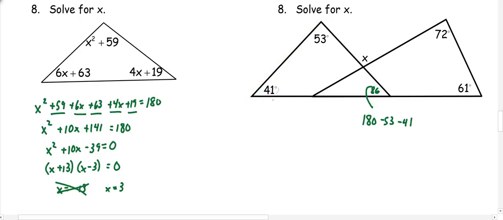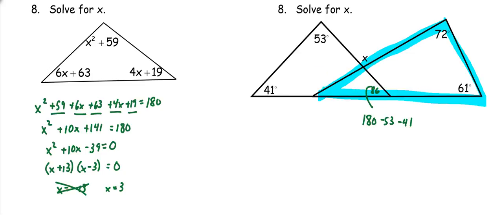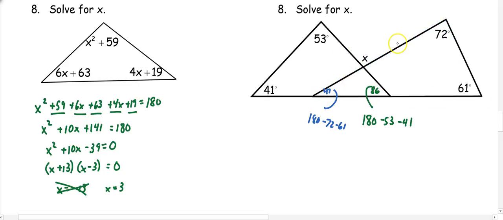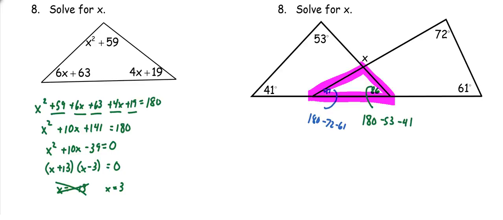Then when I look at the other triangle on the right that's overlapping, to get that angle, I'm going to do 180 minus 72 minus 61, and I get 47 degrees. Now I'm going to use this little triangle that was formed by the bigger triangles overlapping to find that missing angle.